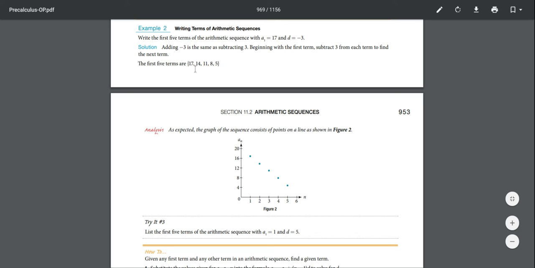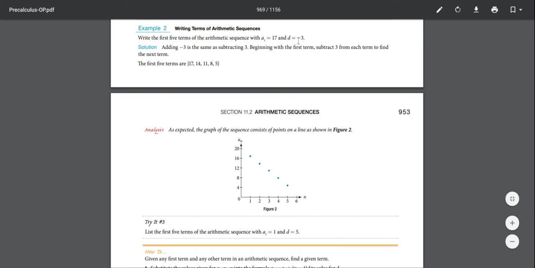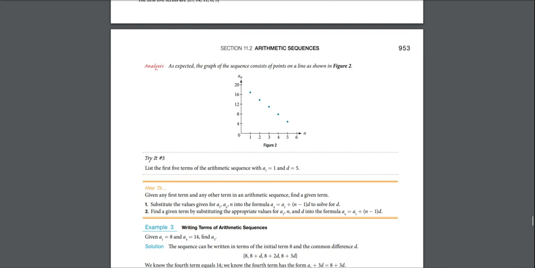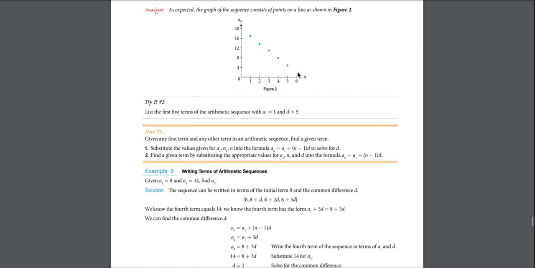In this one, they just had us write out the first 5 terms, so I'm just subtracting 3 each time. But I could ask for, say, the 50th term, and then I would do 49 times negative 3, figure out what that is, and 17 minus that number would give me that term. So I can find any term with just the first term and the common difference.